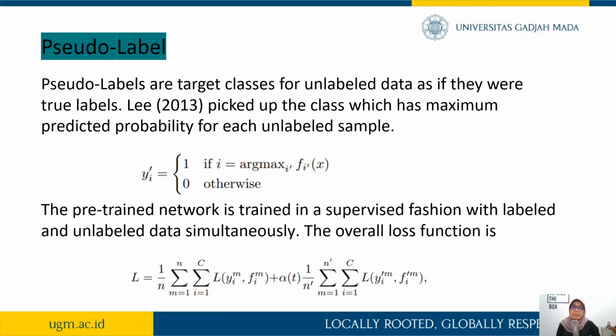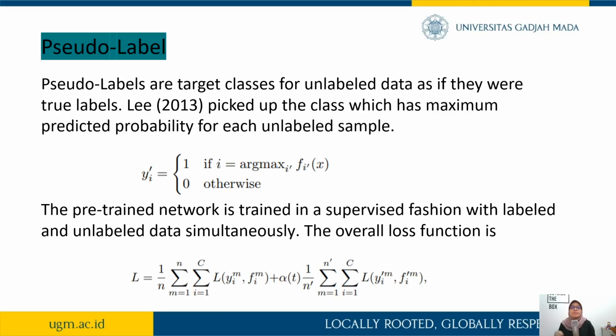The pseudo labels are actually target classes for unlabeled data, used as if they were true labels. In his work, Lee picked the class which has the maximum predicted probability for each unlabeled sample. Remember that an unlabeled sample doesn't have any label.